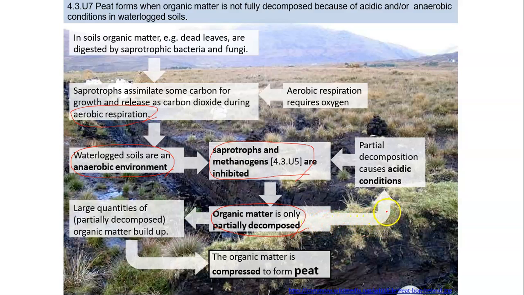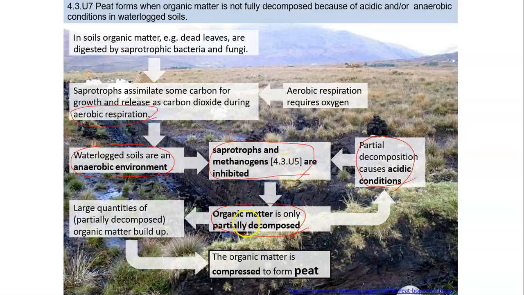This arrow could go this way as well. Partial decomposition causes acidic conditions, and this acidic condition again causes the situation in which the saprotrophs and methanogens are inhibited. They cannot grow.